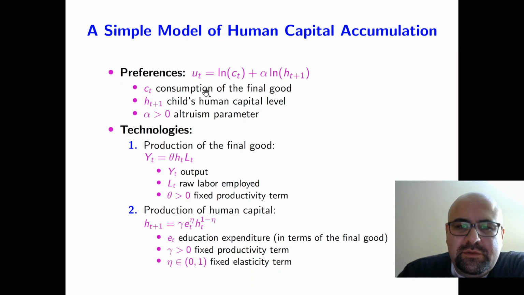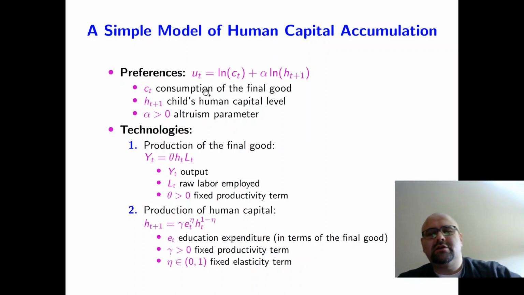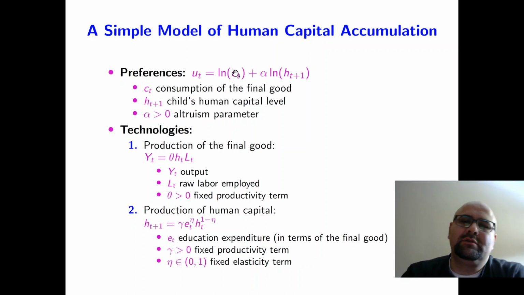So CT will be the consumption of the final good. So in this economy, there will be this final good that is going to be produced by a competitive sector, and the adult's consumption or the household consumption in general, so it doesn't really matter, will give utility to the household head. Okay.